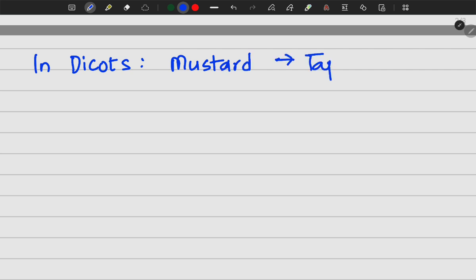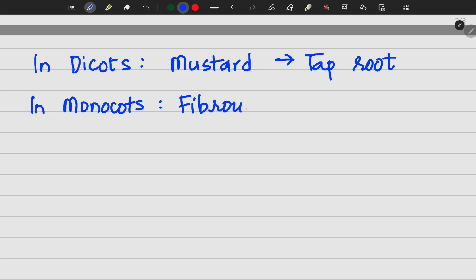So we can conclude that in dicots such as mustard, tap root system is found. Whereas in monocots, the root can be either fibrous or adventitious root.